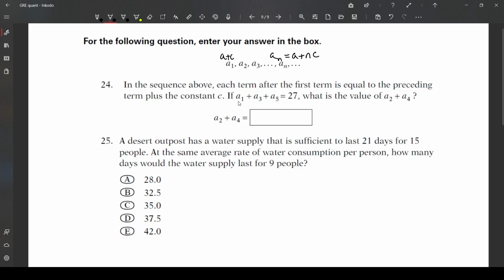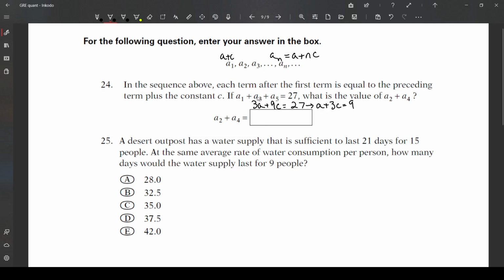So we have a plus c, a plus 3c, a plus 5c. Add up the c's, add up the a's, you get 3a plus 9c equals 27, implying that a plus 3c is 27, which is a sub 3. Sorry, not 27, 9.